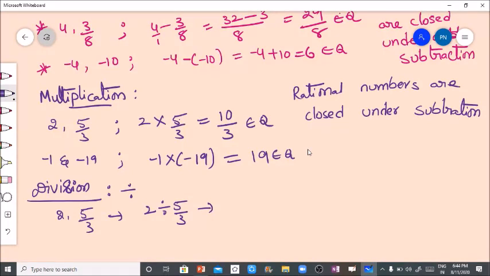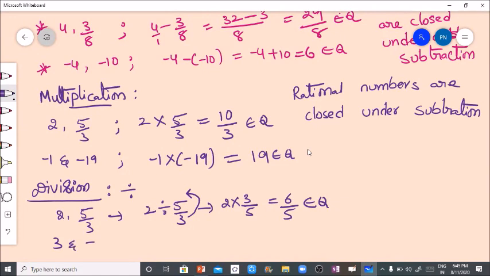Division changes into multiplication, and then the rational number is reversed, meaning reciprocal. 2 into 3 by 5 equals 6 by 5. This one is also a rational number. Right? Yes.